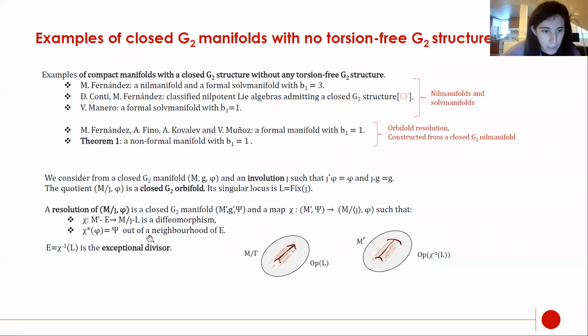And in analogy with algebraic singularities, we will call E the exceptional divisor, which is the preimage of the singular locus by the projection map.